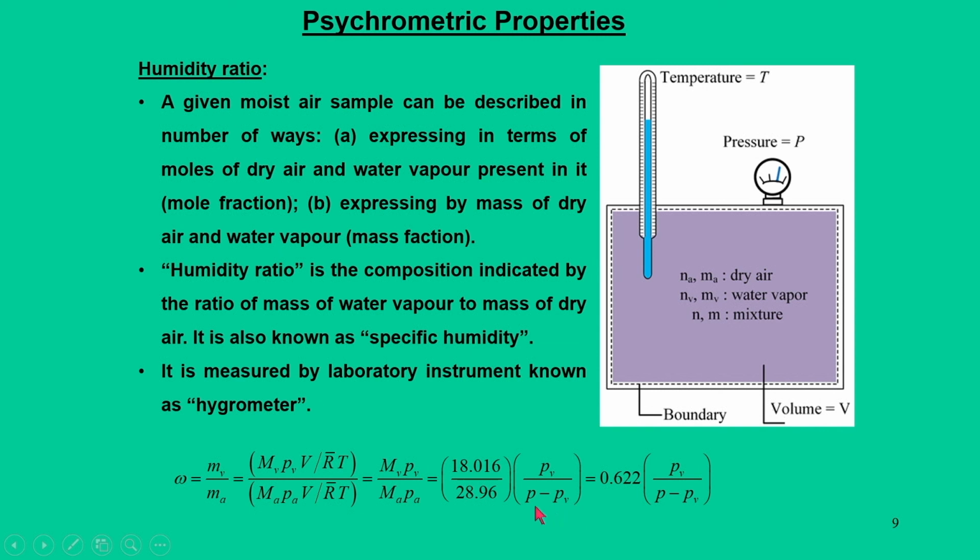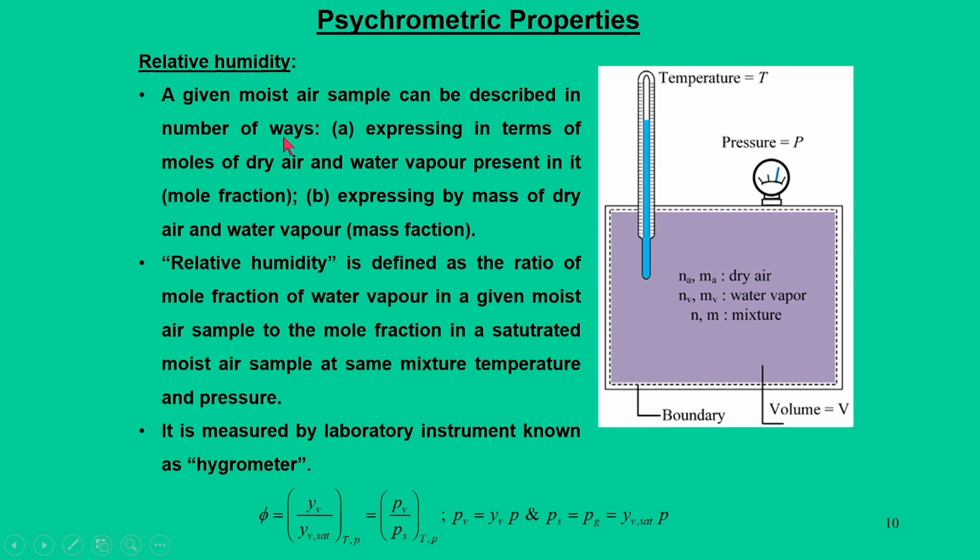Using Dalton's law, we can write Pa equal to P minus Pv, and ultimately omega, the humidity ratio, is expressed by a simple expression: 0.622 Pv divided by P minus Pv. The 0.622 term arises because we have taken the ratio of molecular mass of water vapor to air. This is one way we represent the humidity ratio.